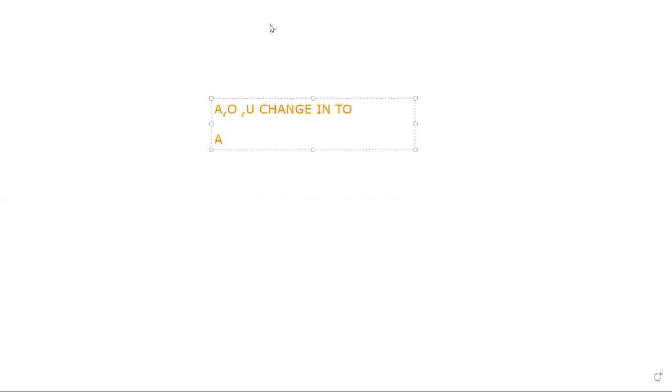A changes into ä, o changes into ö, and u also changes into ü. Is it clear to you, bachon? Clear? And also we have to add e in this case.